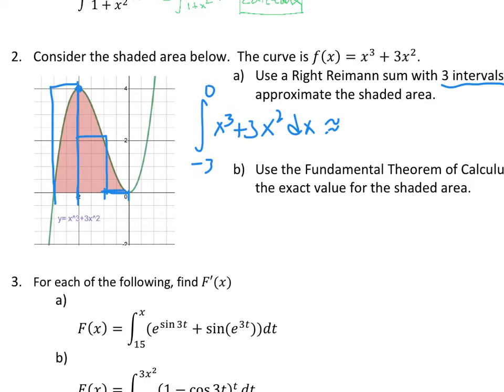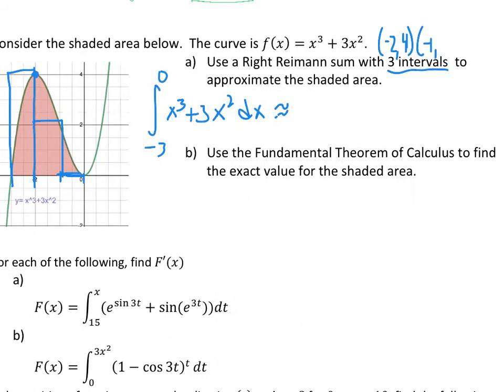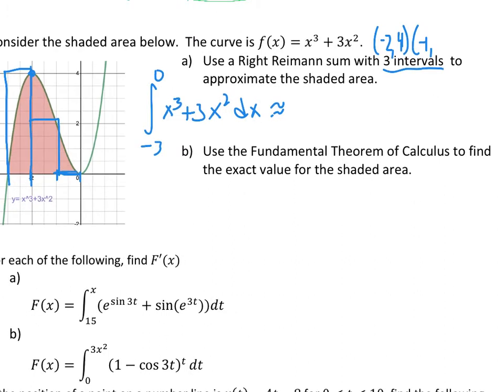Test it out, plug in -2, and you do get 4, like it looks. Plug in -1, and you will get 2. All right, so those are points there.